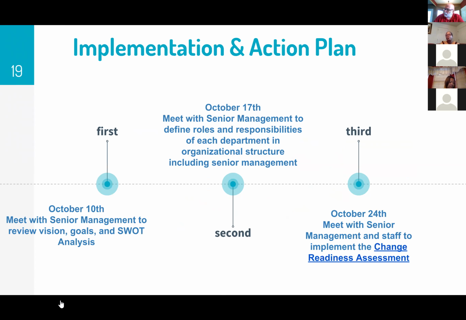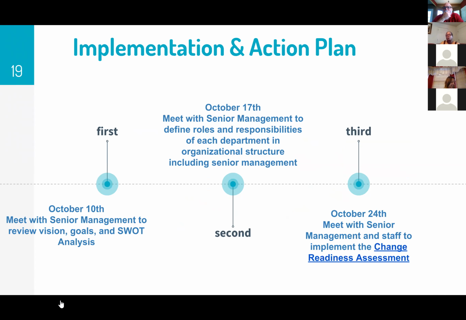And then our next meeting would be meeting with the senior management to define the roles and responsibility of each department in the organizational structure, including the senior management, because we found with this organization, it seems like everybody has a title, but people don't want to do the work. And I don't know if it's because of the lower morale, because of the past failures in the history of the organization, but it's more so, who do I need to report to and what do I really need to be doing? So going back and looking at everybody's roles and responsibilities and being able to clarify and define it for each individual.